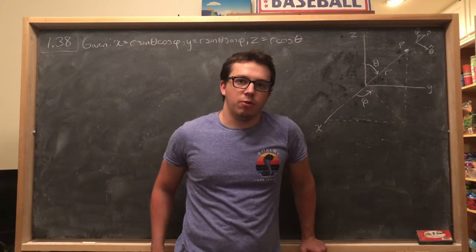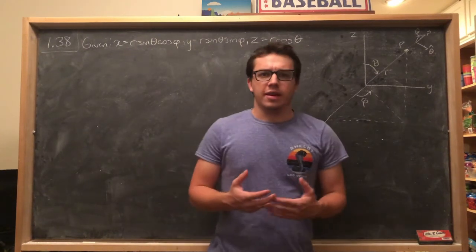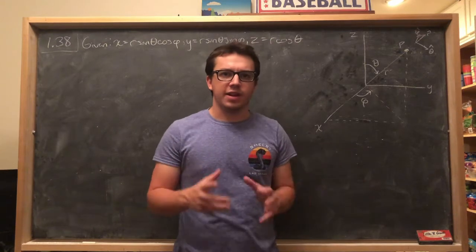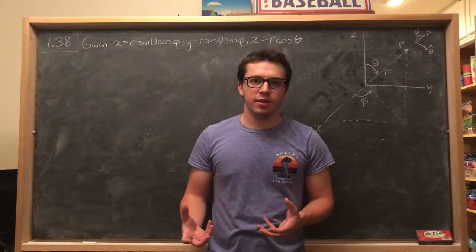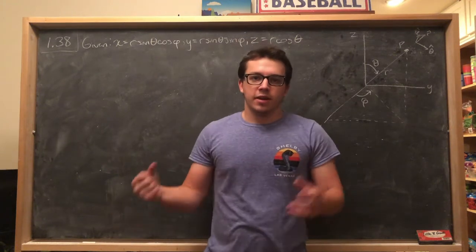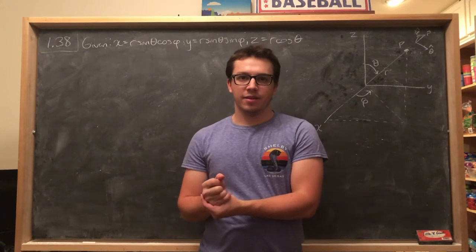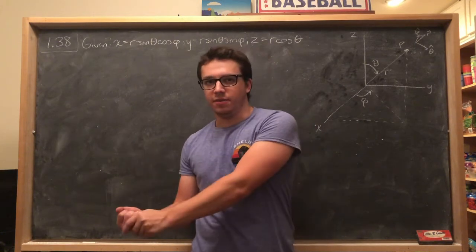But there are good reasons to have it the way we do have it. One example would be, in spherical coordinates, if you were to take an infinitesimal volume element, in Cartesian coordinates that'd be dx, dy, dz. In spherical coordinates, that would be r squared sine theta dr d theta d phi.